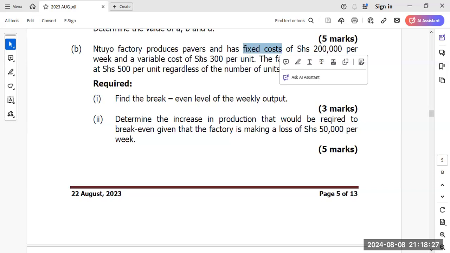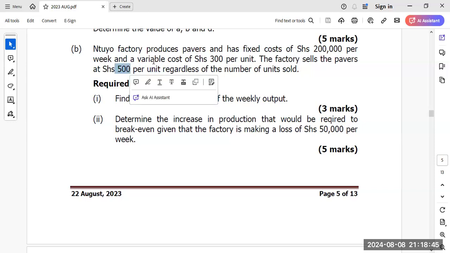It means that you must form your total cost function using total fixed costs and the variable costs. And they are telling us that the factory sells the pavers at shillings 500 per unit. This is selling price. If you want total revenue function, you multiply by the quantity. Total revenue, you get selling price times the number of quantity.